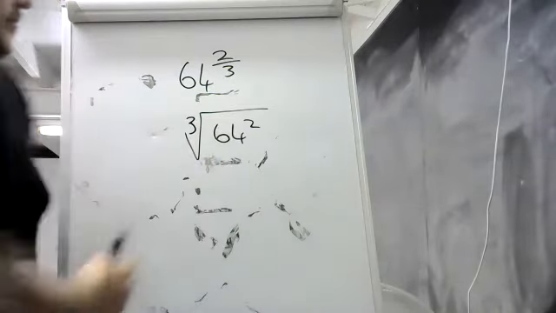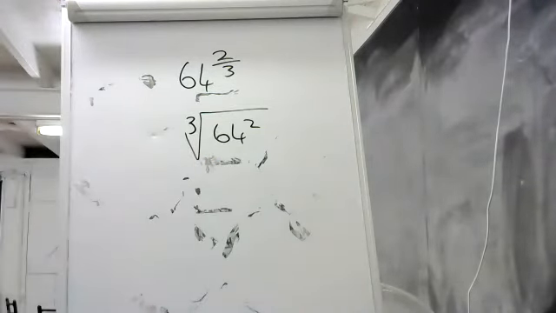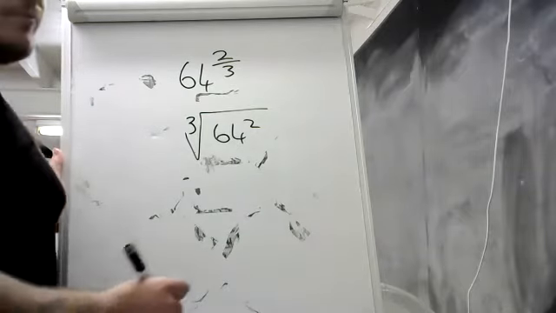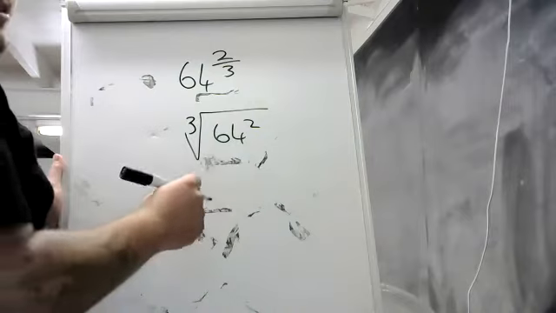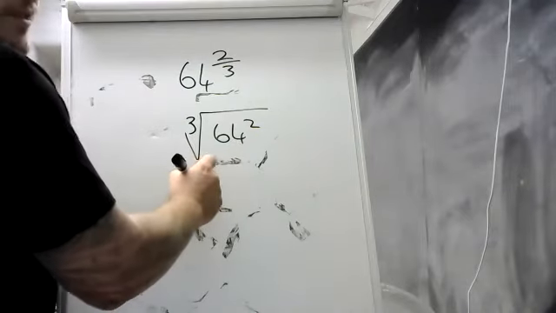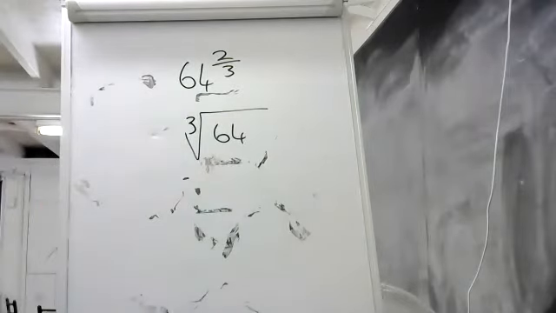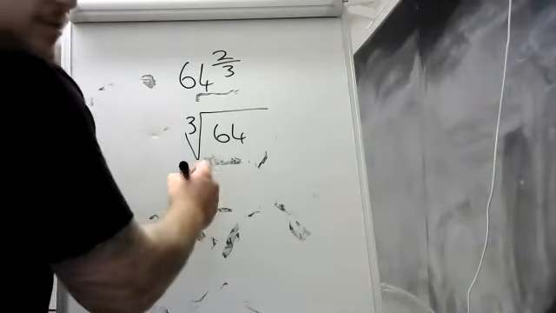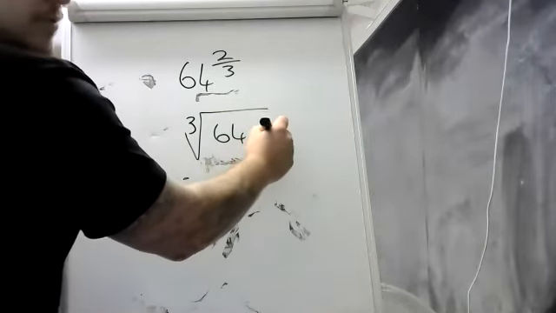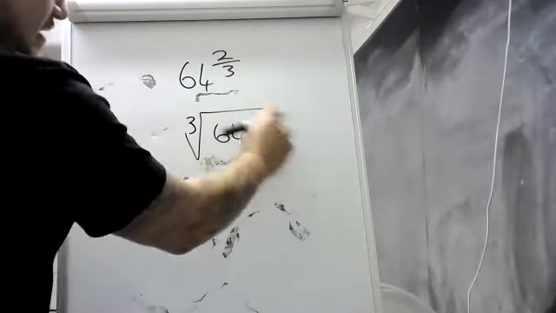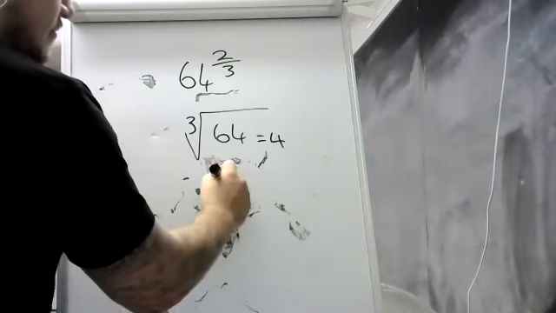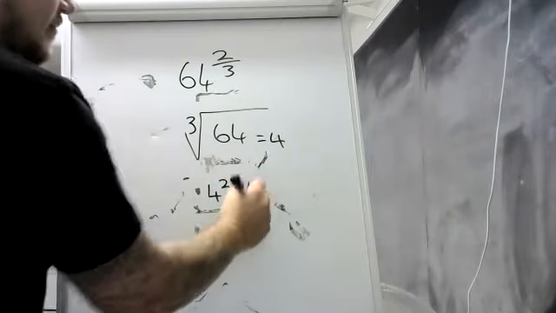I don't know what 64 squared is, well, we could just change it to the cube root of 64. Oh, can we get rid of the 2? So then we'd have 4. Then we add the squared in down here because it's much easier, which would give us 16.